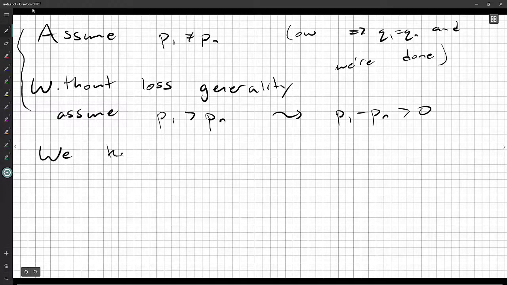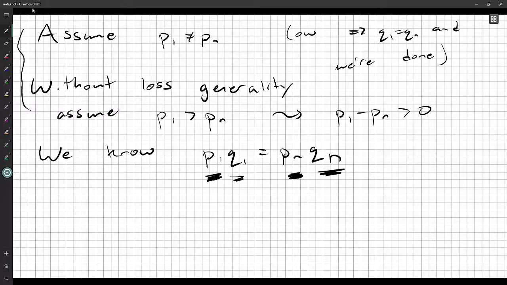Let's see, the only thing we know for certain is this one solid relationship here. Now, if I multiply by something bigger on this side than this, in order for them to be equal, Qn has to be bigger than Q1 to compensate. Now, what's the best way to write that out?